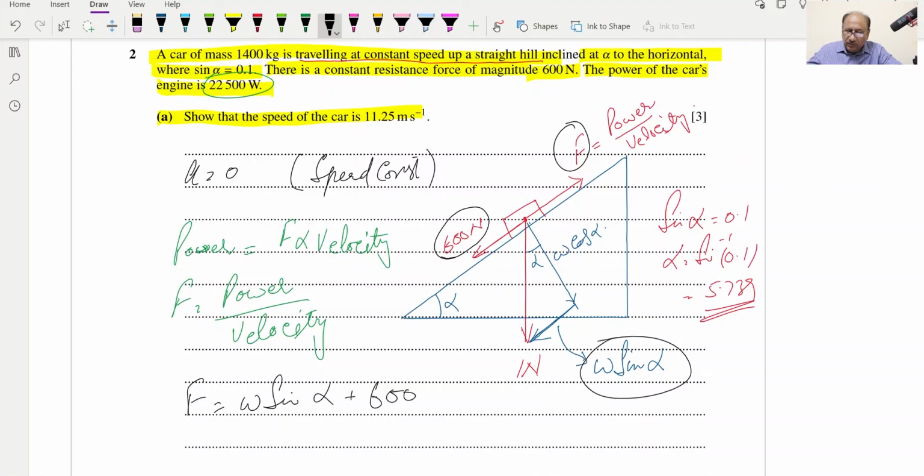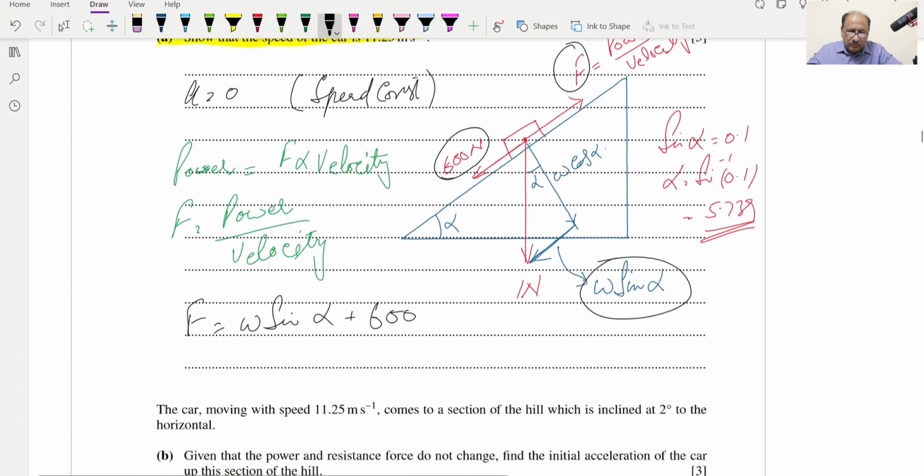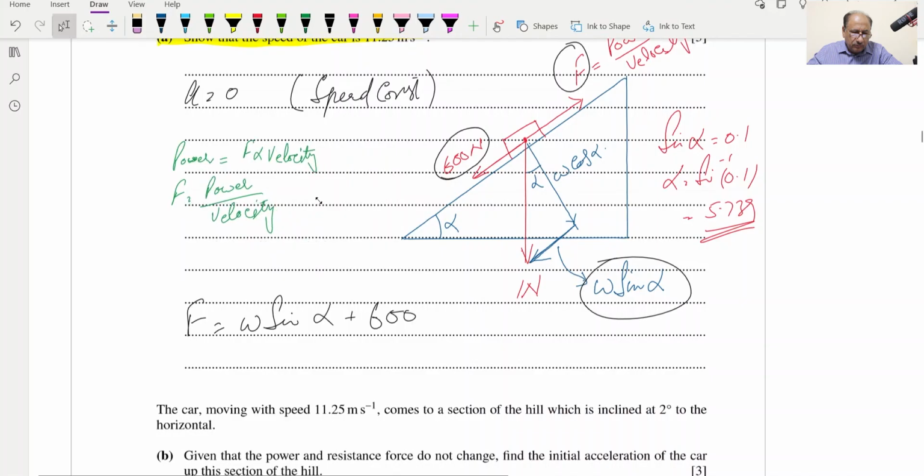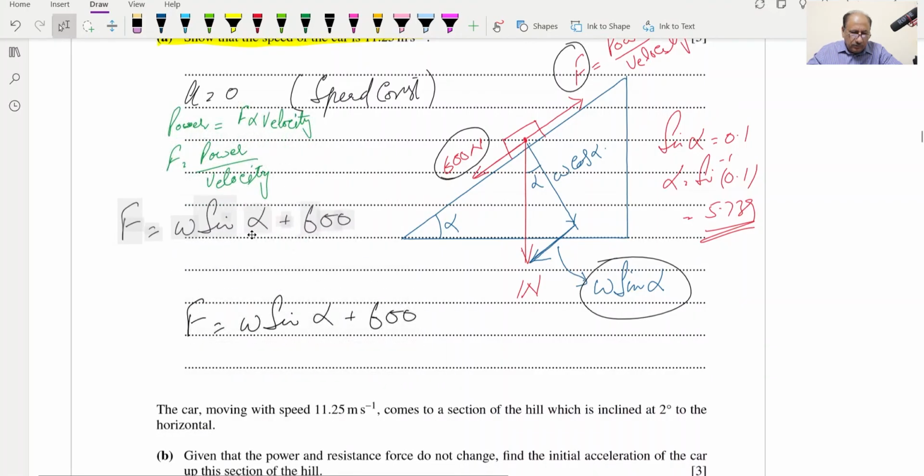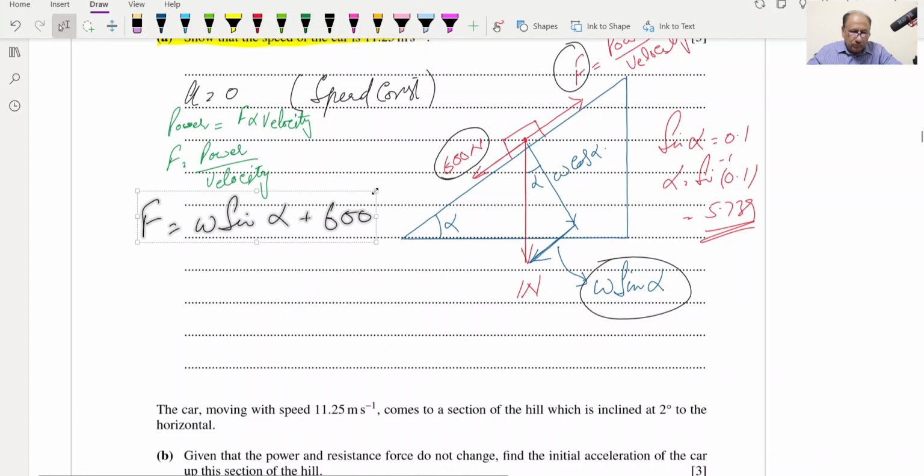So this is resolving the forces along the x-axis. Now we can reduce this a little to make more space for us to resolve this one.